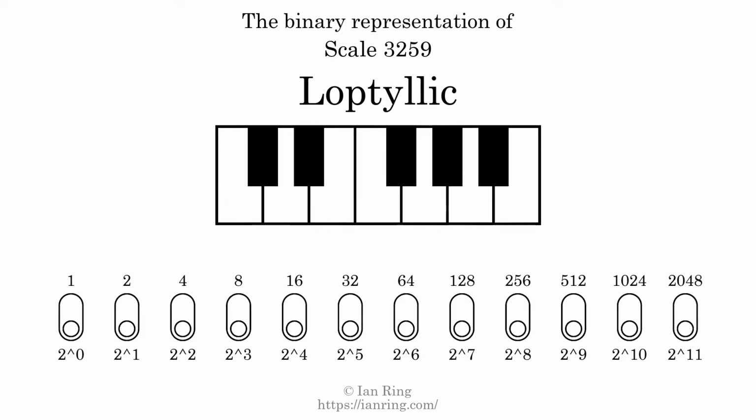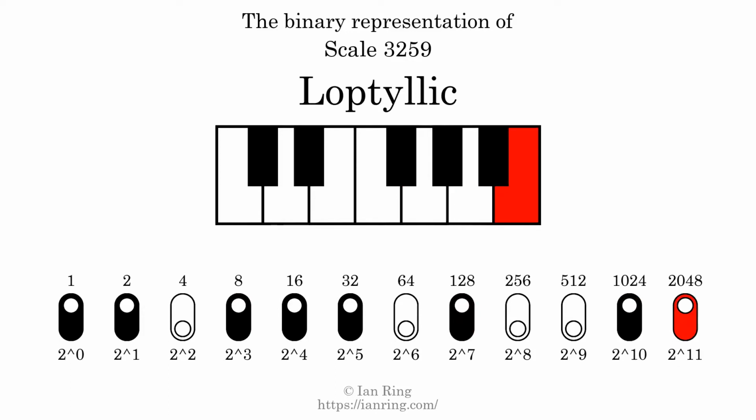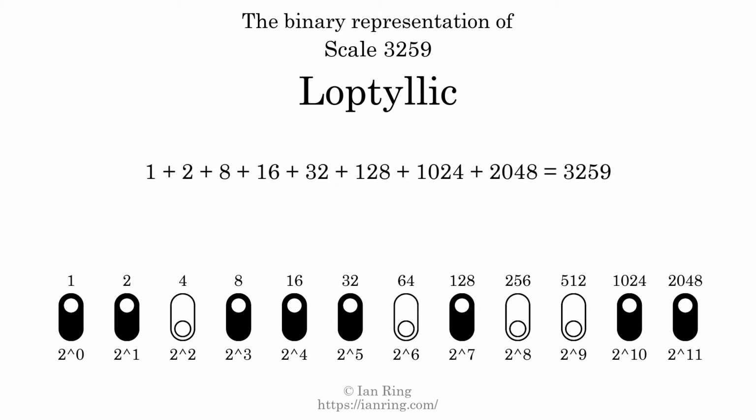The binary representation of this scale is determined by mapping tones of the scale to binary digits. Each binary digit represents a power of 2. To get the scale number, we add the powers of 2 together. The powers of 2 that are present in the scale, all added together, equals 3259.